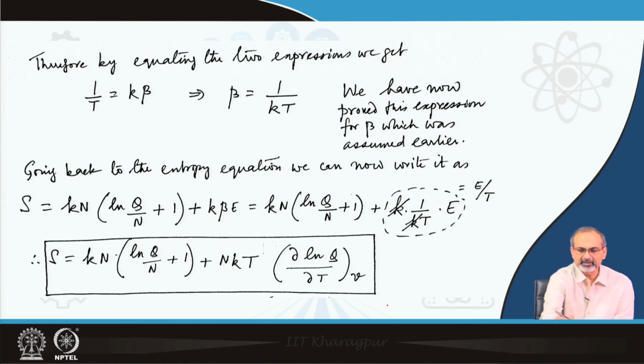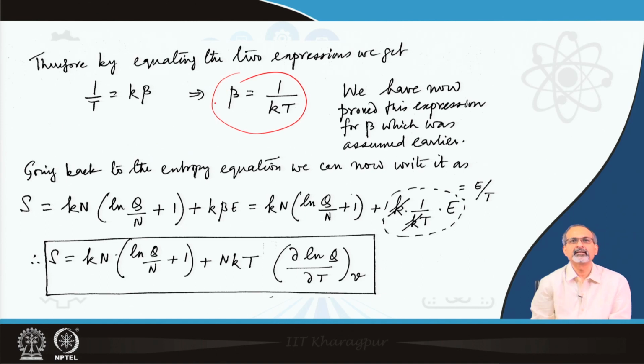Therefore, once we equate them, we end up getting an expression for beta, which is 1 by kT, and it is basically a proof that we have done for beta, because we had earlier assumed this expression without any proof. So, in course of finding an expression for entropy in terms of partition function, we also get this additional outcome, a very important outcome, that we found a way to establish that beta is equal to 1 by kT.